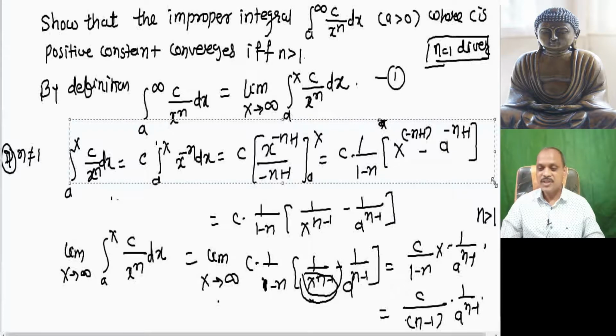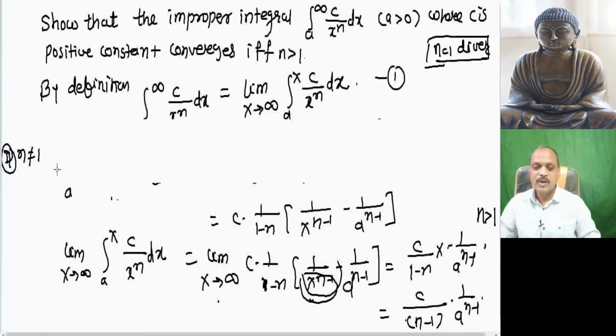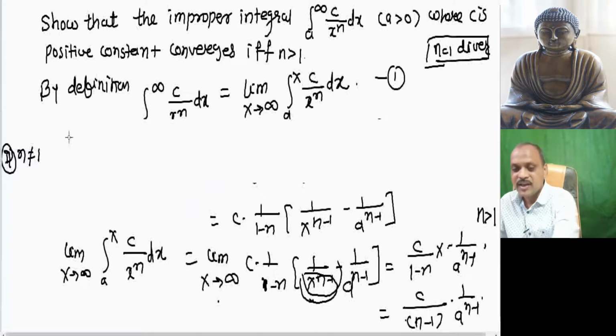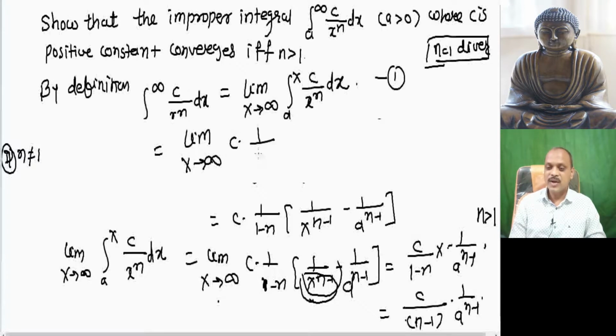See the limit of this. When n is less than 1, we consider it as negative and check it by taking particular values. So this is equal to the limit as X tends to infinity of c into 1 divided by 1 minus n, into 1 divided by X raised to n minus 1 minus 1 divided by a raised to n minus 1.